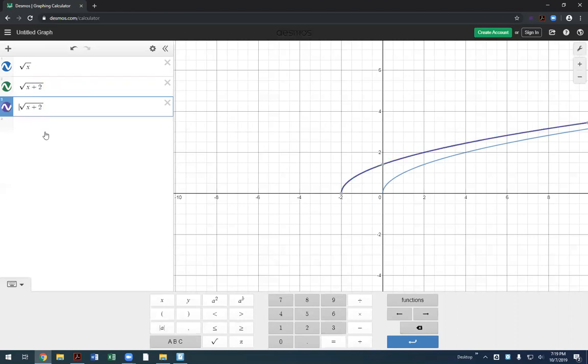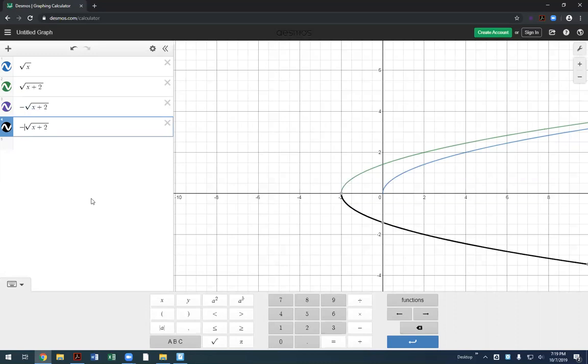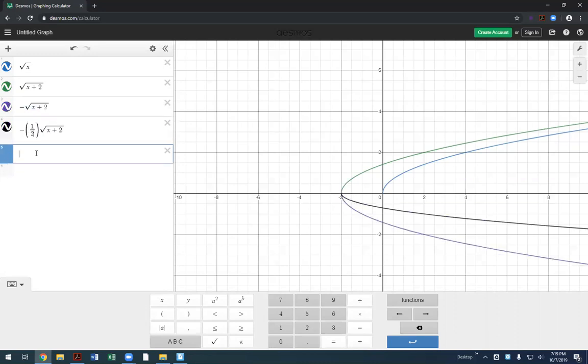Then we did a reflection to that. Once we reflected it, we shrunk our graph by 1/2. And then the very last thing we did was move it 4 units up.